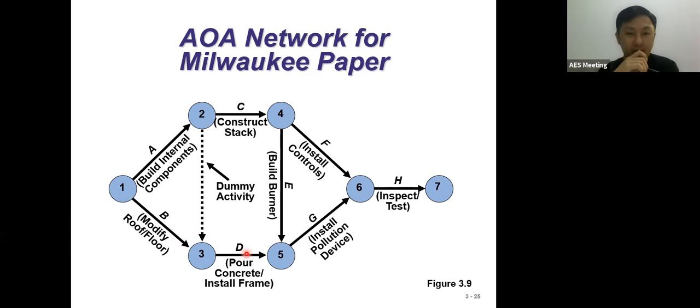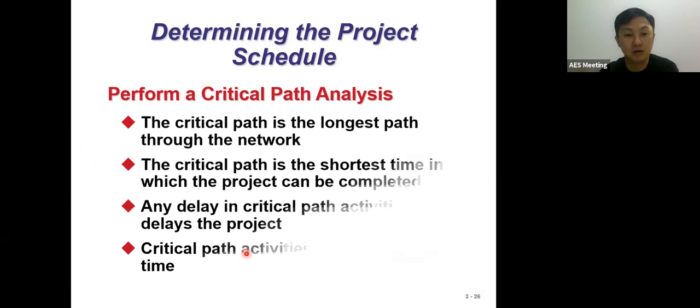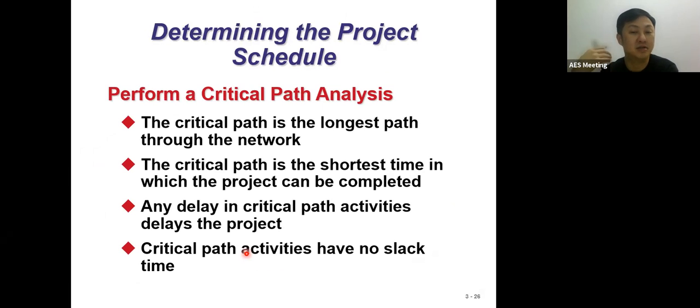Now, for your information, this AON network for the Milwaukee project also comes with determining the project scheduling. I will try to explain this together with you. When we come to the critical path, it's the longest path throughout the network. The critical path is also the shortest time. Why do we say the longest path and the shortest time? It comes with the meaning of any delay for the critical path.